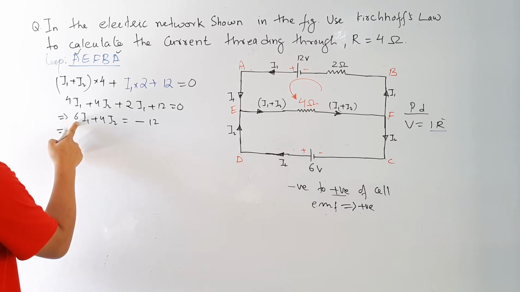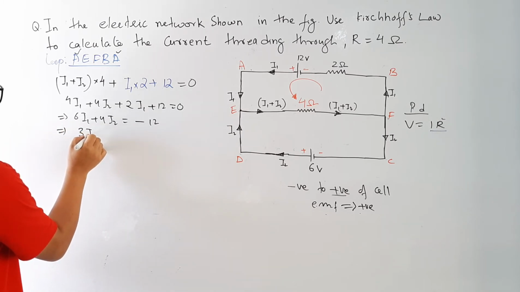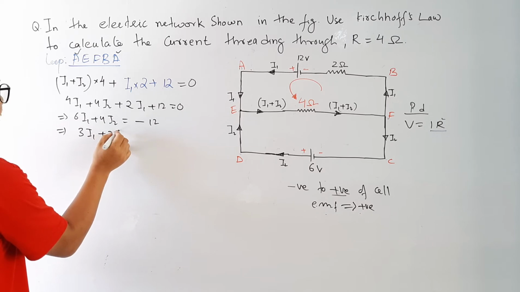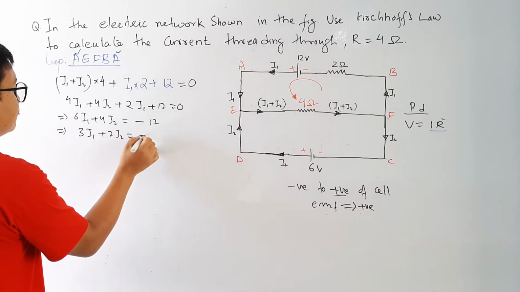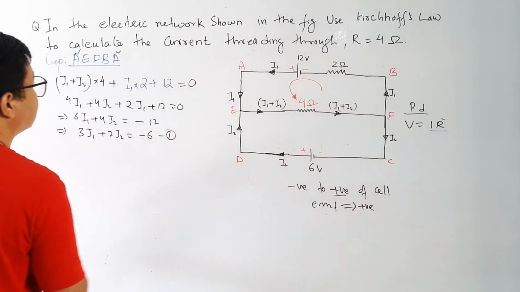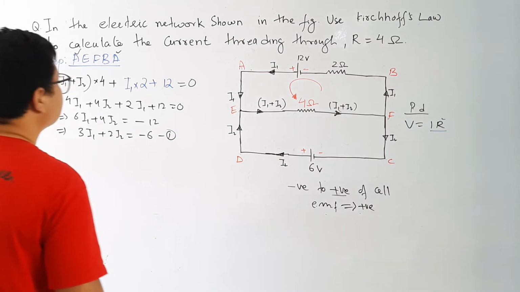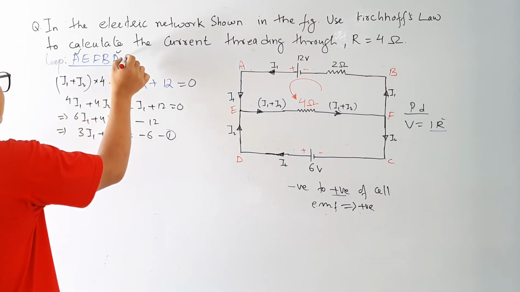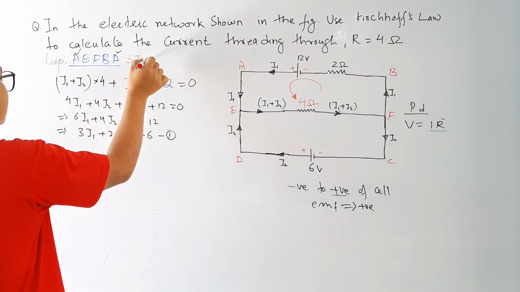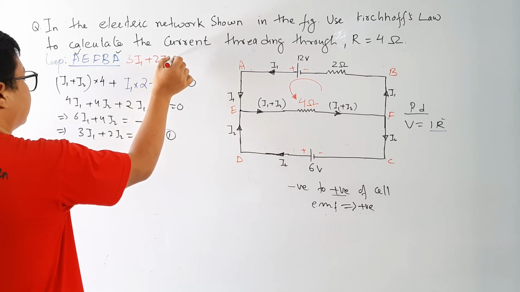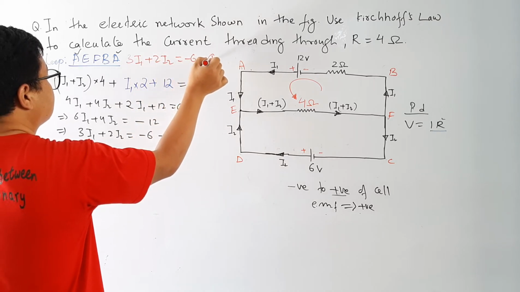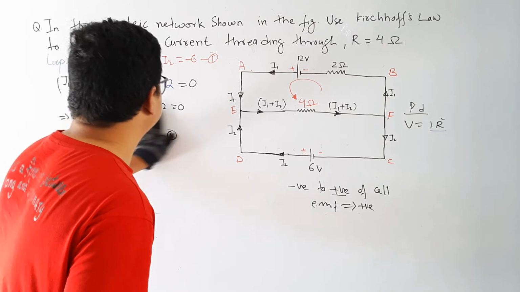If I divide it by 2, then this will become 3I1 plus 2I2 equal to minus 6, equation number 1. So for this loop, I got the equation 3I1 plus 2I2 equal to minus 6, equation number 1. We are done with the first.